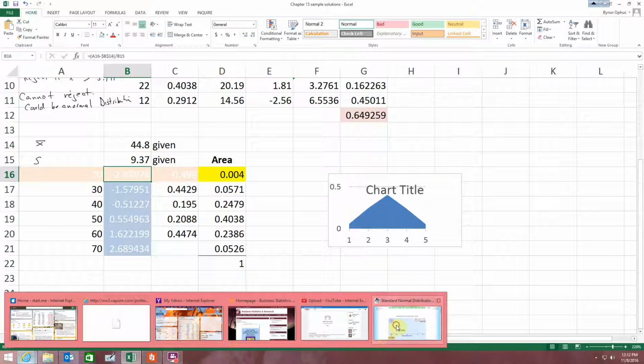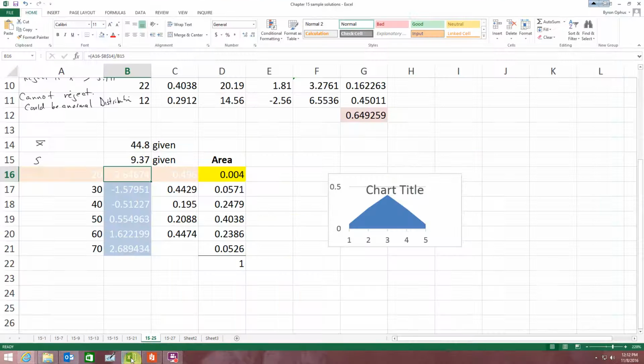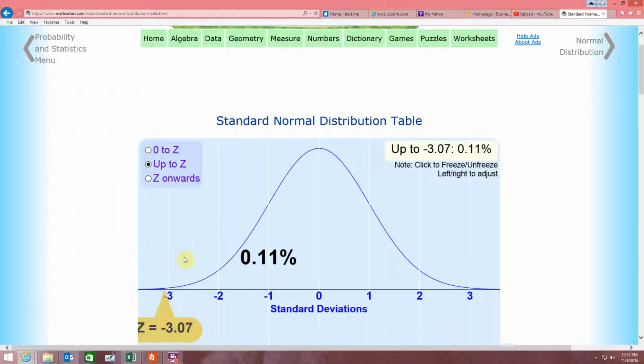So what does that mean? If we pull up this table and look for minus 2.65, we follow along, and I've got my z of minus 2.65 somewhere around here. Oh, I missed it. Doggone it.